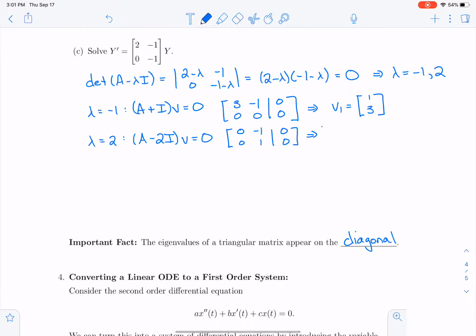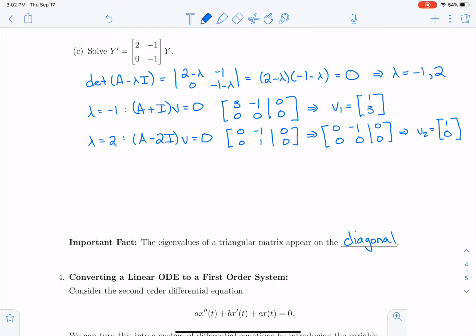I'm going to reduce, so it's going to be [0, -1; 0, 0], setting that equal to 0, 0. And so a natural eigenvector to pick here is that the first component can be anything, say 1, and then the second component absolutely has to be 0. Again, multiply this row times this column, you'll get 0, and this row times that column will also be 0. So I have my 2 eigenvalues and my 2 eigenvectors.